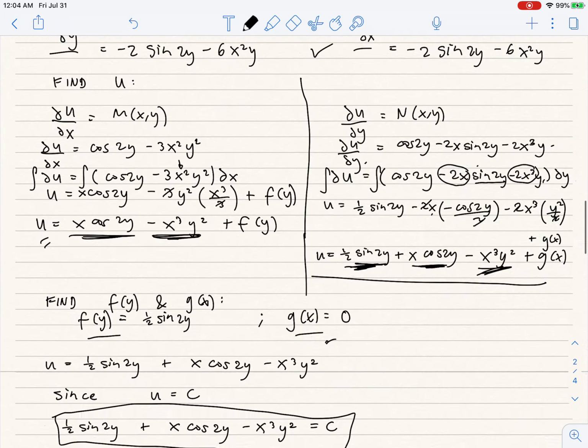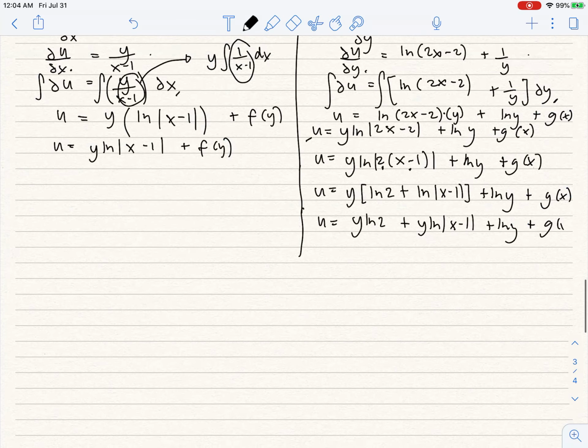Not yet, sorry. This one is the g of x. The main purpose of expanding or simplifying is so that when we compare, we can match the values of f of y and g of x.